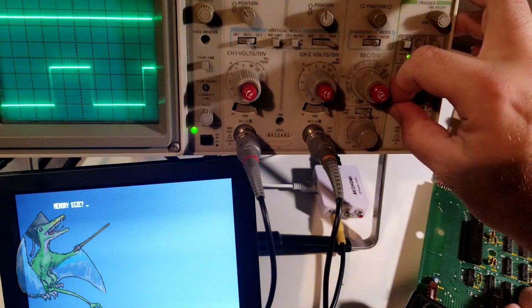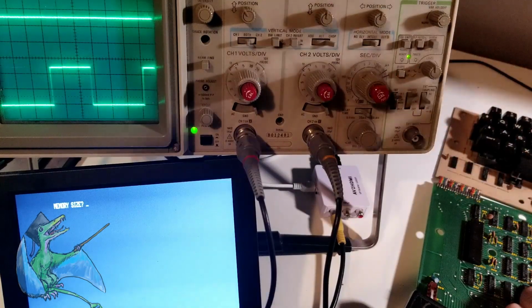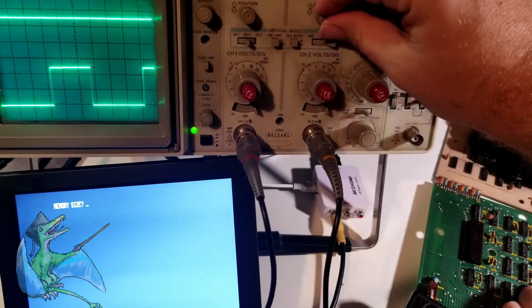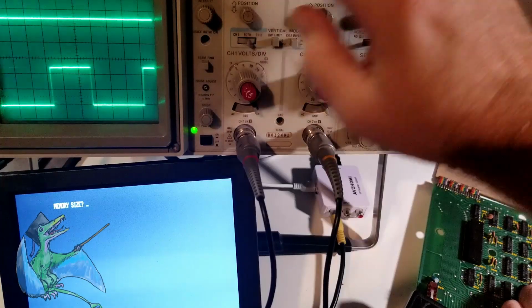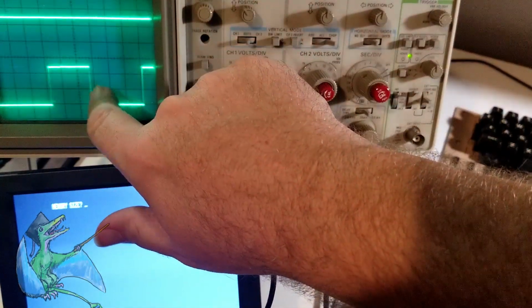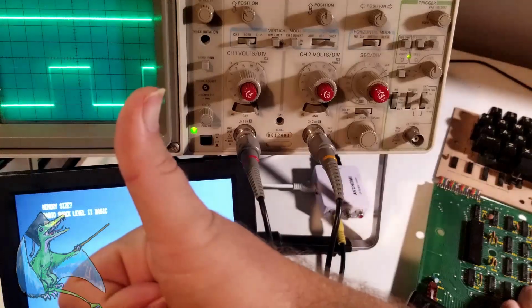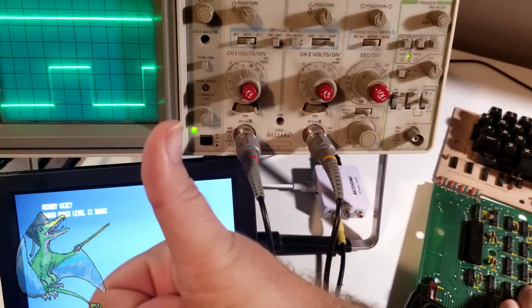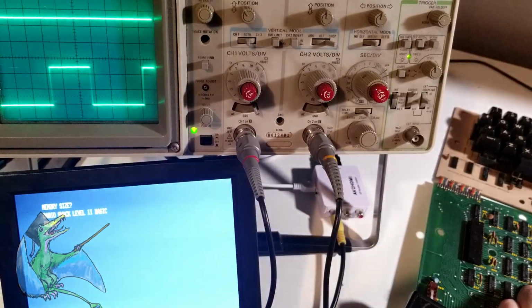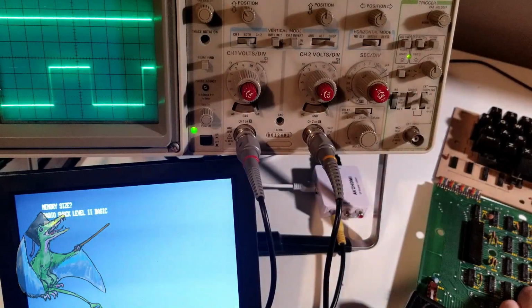Okay, we're clean. And look at that. We have a completely clean transition there. We win. I'm a very happy pterodactyl.